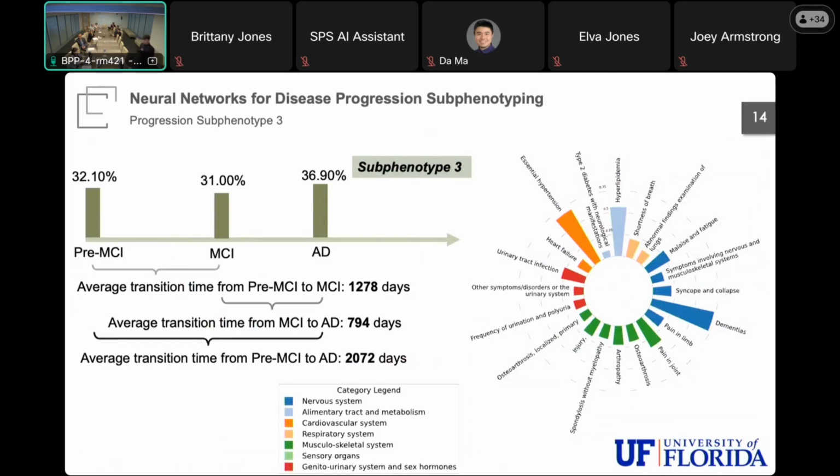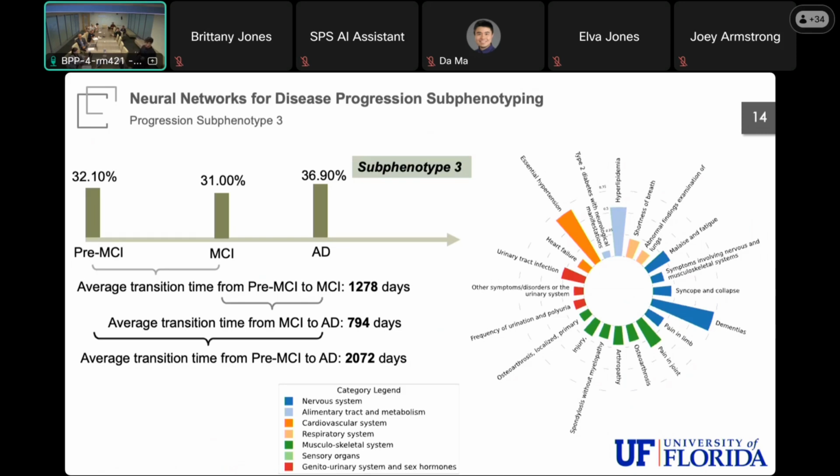This group is affected by multiple comorbidities linked to different body systems, like the nervous, the musculoskeletal and urinary systems. The unique or distinct feature of this subphenotype is urinary tract infection, and this finding aligns with existing reports, which say that individuals with MCI or AD are vulnerable to cognitive impairments due to urinary tract infection.